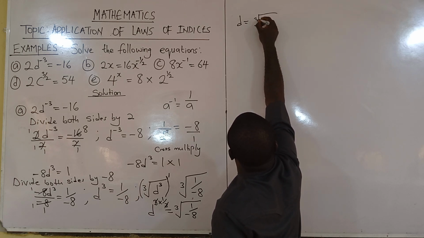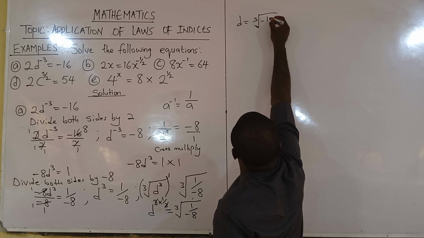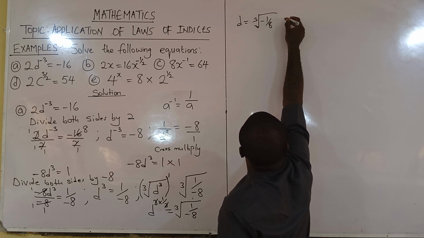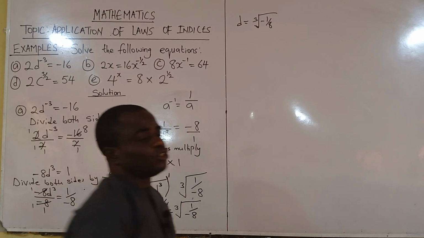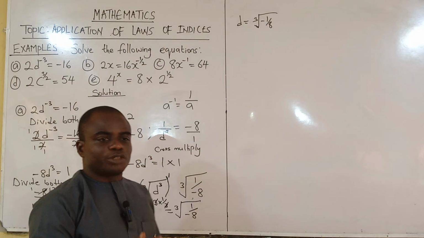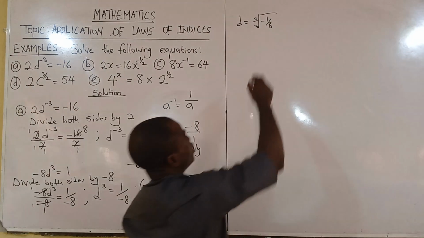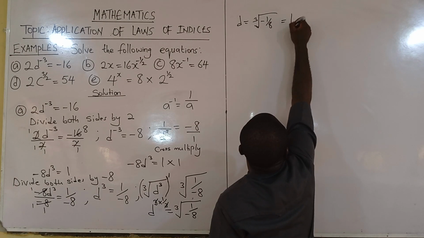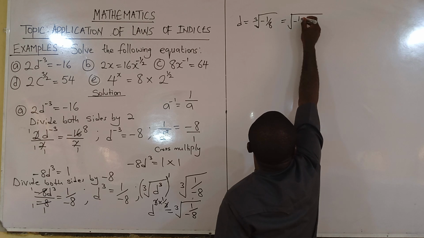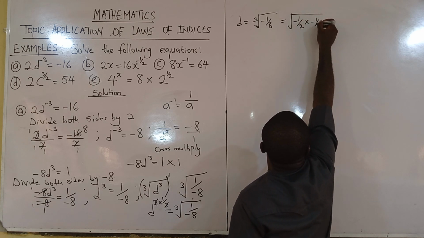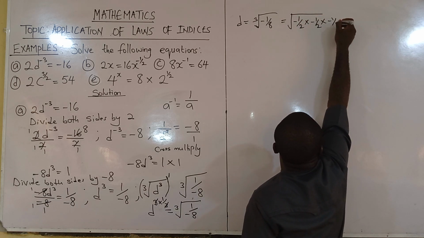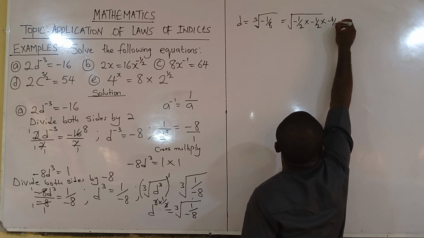of minus 1 over 8. What this is telling us is, what can you multiply together in 3 places that will give us minus 1 over 8, which is minus 1 over 2 times minus 1 over 2 times minus 1 over 2.